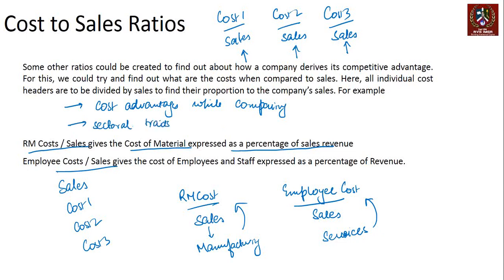Why is that important? In certain sectors, even within manufacturing, raw material is a bigger cost component than some other sectors. We'll look at that as we go along and try and understand in one of the subsequent sessions how we can use some of these metrics to be able to understand and decode how best the numbers kind of come in.